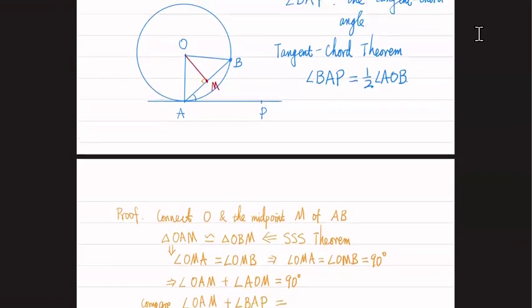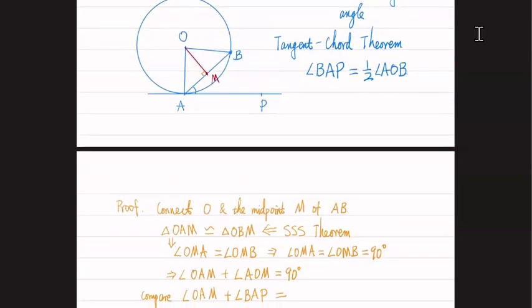What's the summation of these two angles? 90.